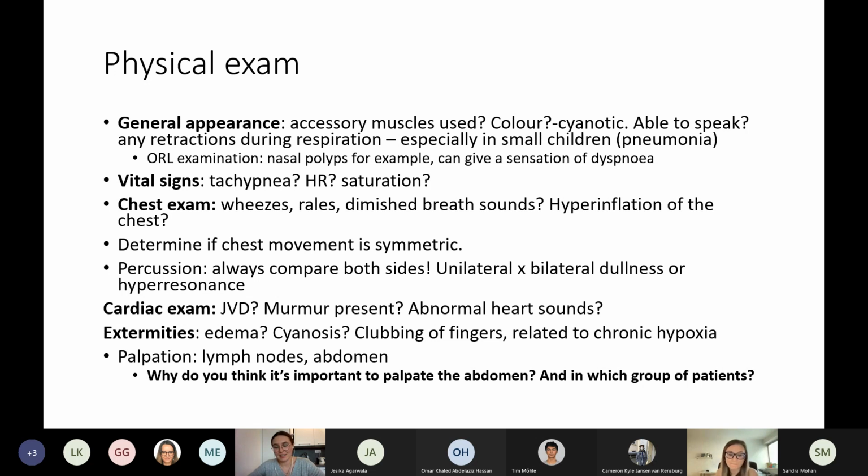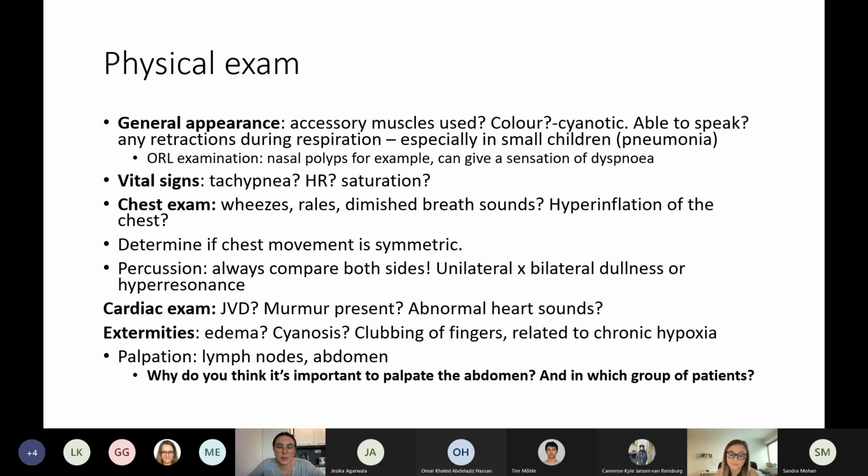Because of ascites maybe. Yeah. Basically if you have cardiac failure that has come a long way, you can see hepatomegaly and ascites in that case, if it's very far along cardiac failure.